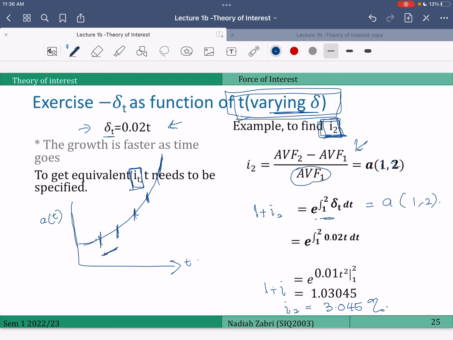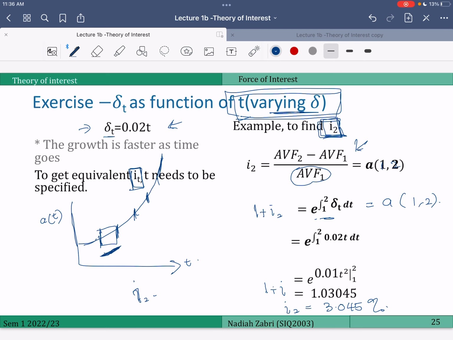No, it's not a flat interest rate. I actually changes at every moment, but on average, the interest rate I2 is the average interest rate over that period. It's not the actual interest rate over that period. If you want to find the actual, you have to look at the delta.